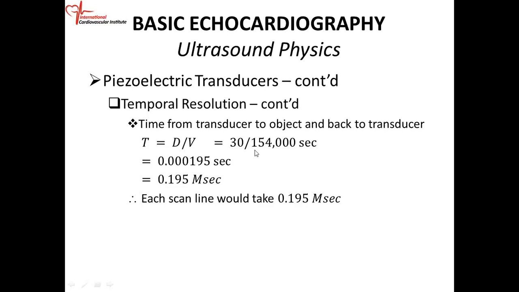And then the velocity, the units have to be the same, is 154,000 centimeters per second. When you work that out, you get 0.000195 seconds, which, if you move the decimal point 3 places, is 0.195 milliseconds.